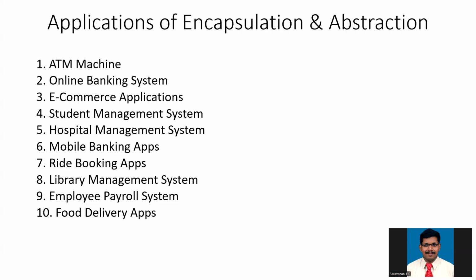Next, the student management system. In a student management system, you are going to have payment details or customer details, whatever the case. Student marks and personal information are kept private. Teachers are going to access it, and they will be able to see only the student marks.